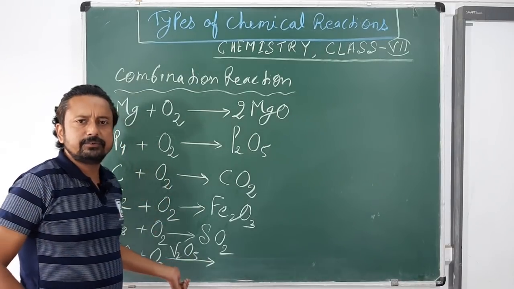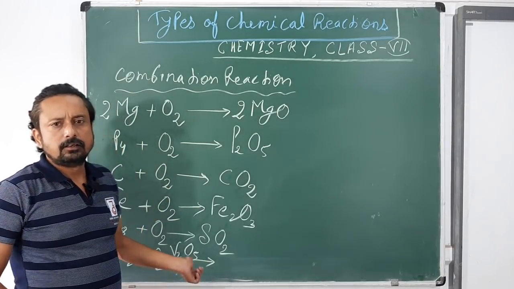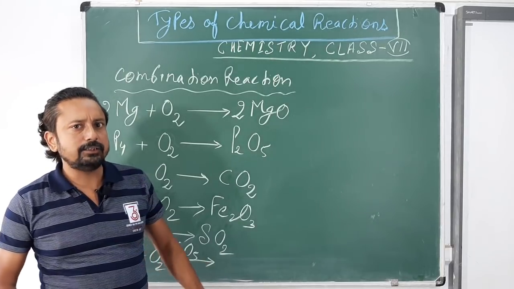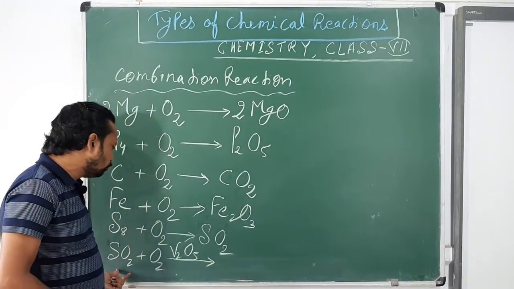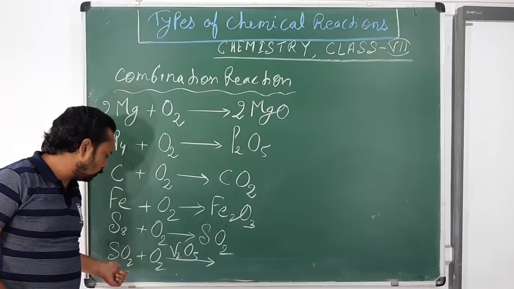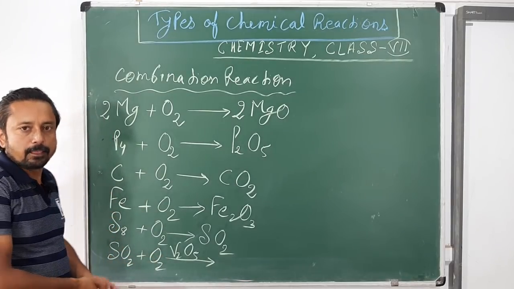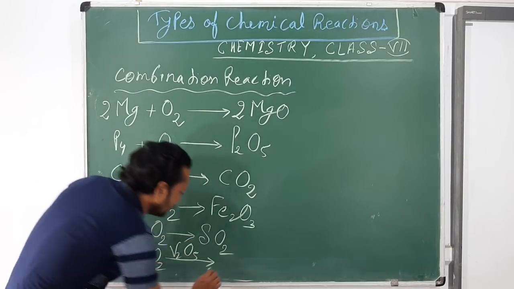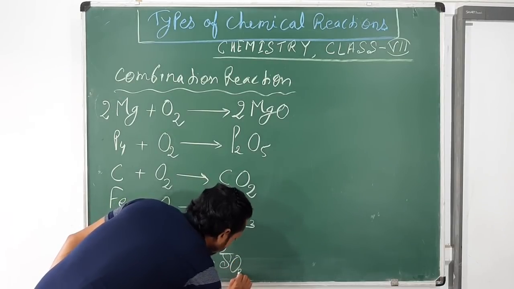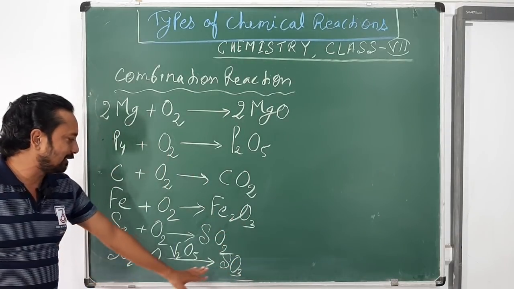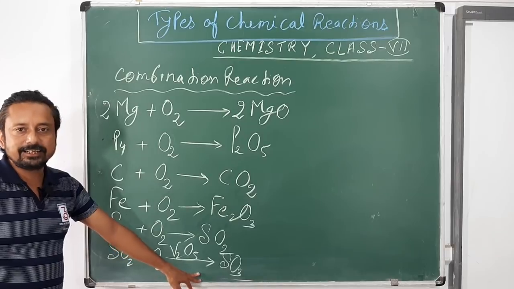Here V2O5 is vanadium pentaoxide, which is an oxidizing agent that can oxidize the SO2. So it further oxidizes SO2, and because of further oxidation, SO3 is formed. And this is also an example of a combination reaction.